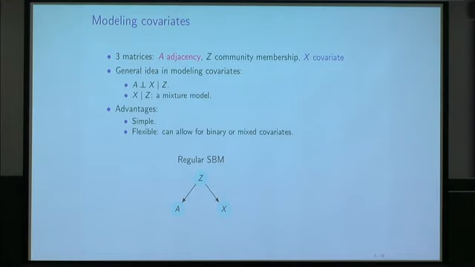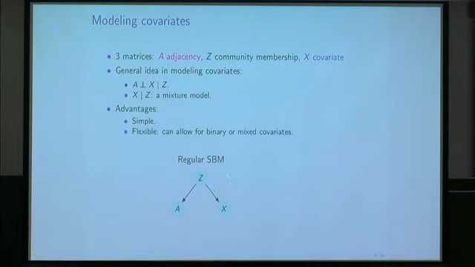So let me just say a few words about modeling covariates. This works in general, even in the regular block model. We have three pieces: adjacency, community, and the covariate matrix. The simple general idea is to model given Z, A and X independently. This is the graphical model for it.